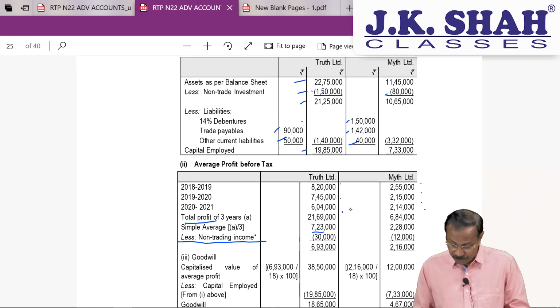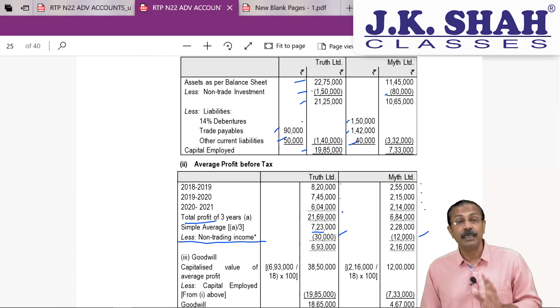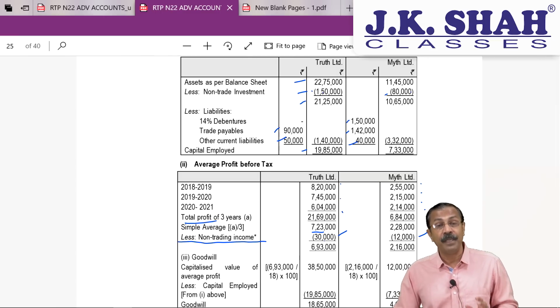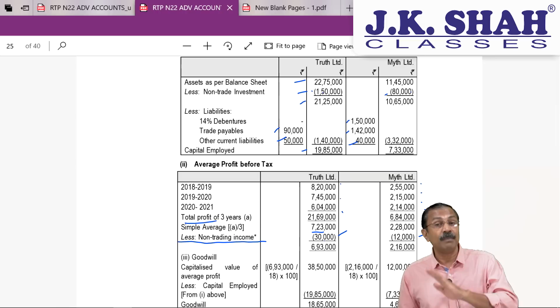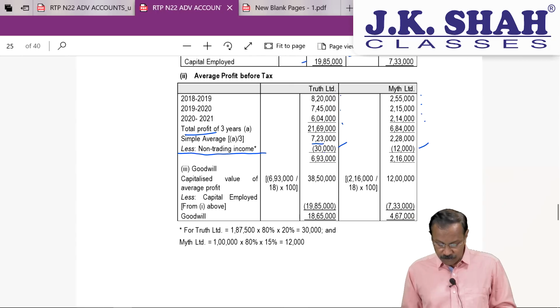So 1,50,000's 20% gives you 30,000 and 15% of 80,000 gives you 12,000. Minus it. Investments are not considered in calculation of capital employed. So income on those investments should not be considered while calculating your profits, remember. So you get 693 and 216. This is your profits, remember.